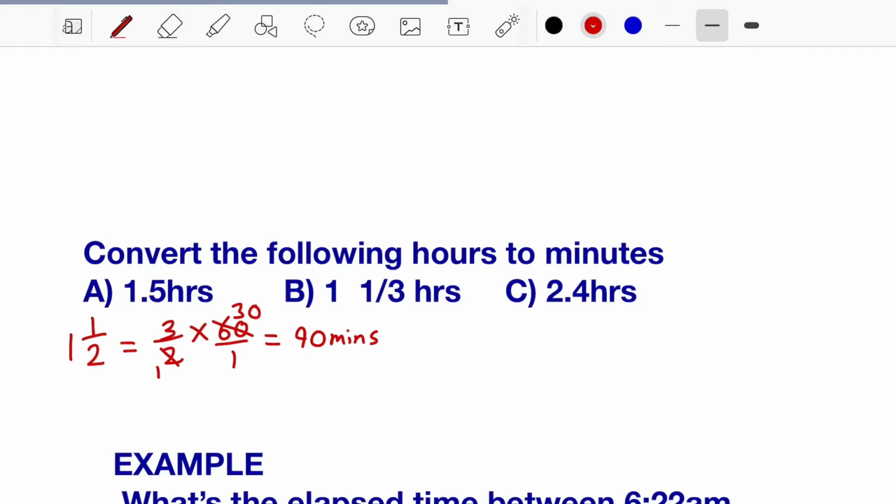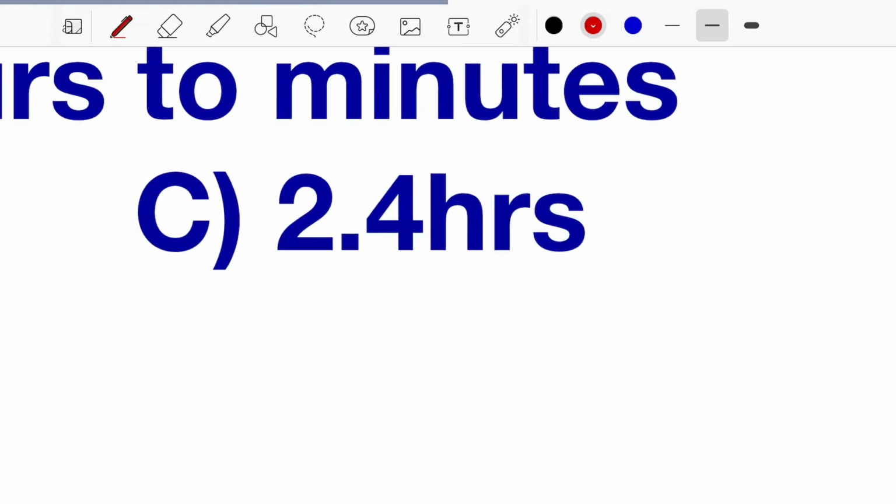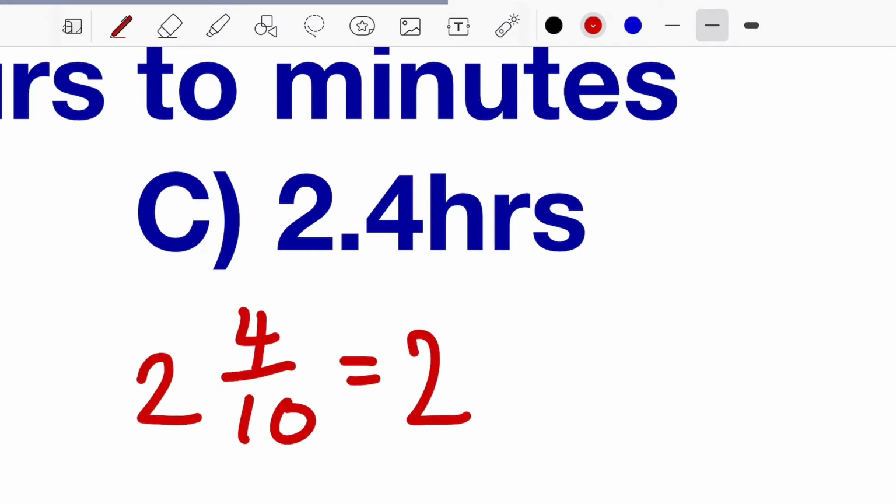Right. So let's look at C, because B is easy. 2.4. So we can convert this decimal number to a mixed fraction and then an improper fraction. So 2.4 means 2 and 4 over 10, which is the same as 2 and 2 over 5 if we divide both 4 and 10 by 2.